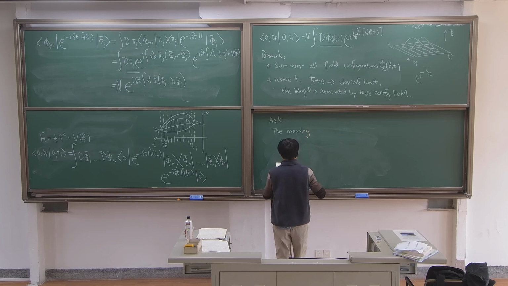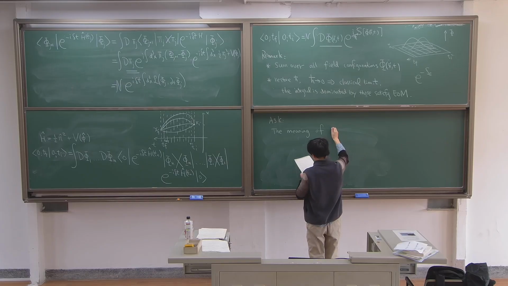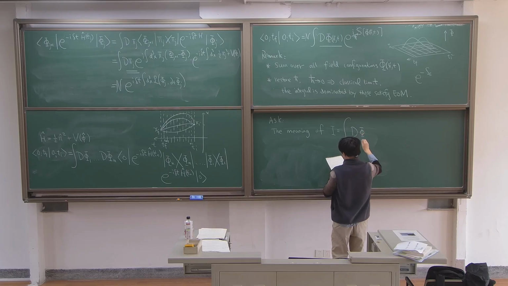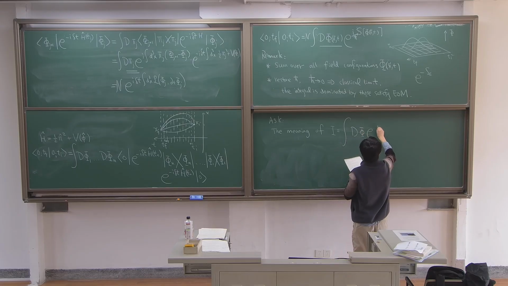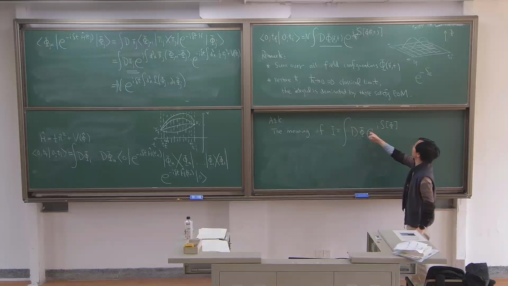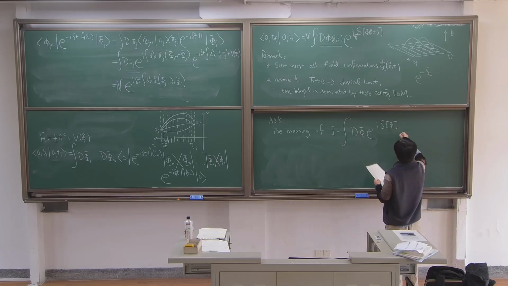The path integral with some insertions. What is the meaning of a path integral, for example, I use I, some path integral. Now I skip this xt coordinate, but you should keep in mind that it should be there.